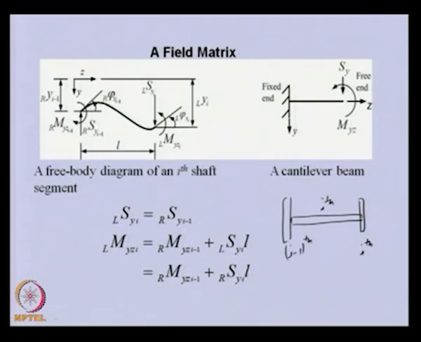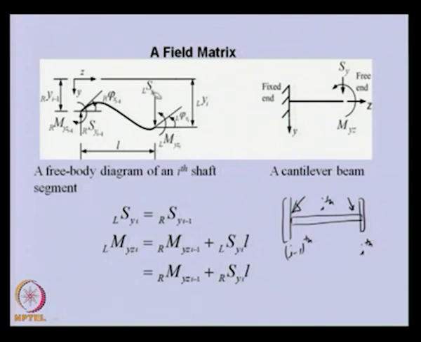This end of the shaft, which is here, represents right of the I minus 1th disk, and the other side of the shaft, which is here, represents left of the ith disk. So, we always represent left or right with respect to a particular disk, not with respect to the shaft. Now, apart from this, we have the shear force, SYI left of the ith disk, and similarly the bending moment.